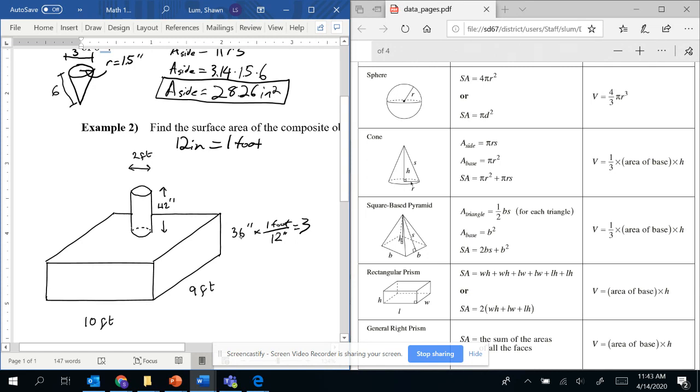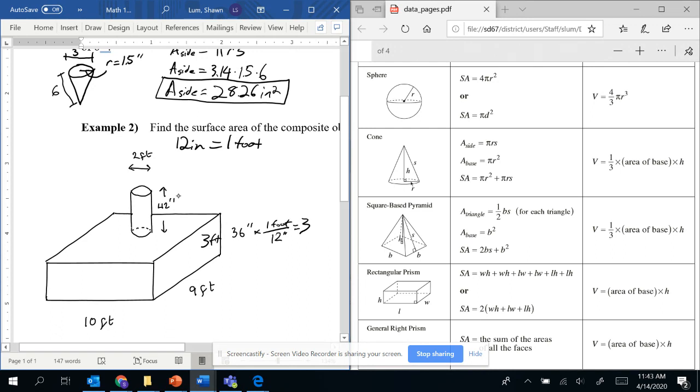Okay, so I'm just going to write here 3 feet. Now I'm going to do this one as well. This says 42 inches right here is the height of this cone. And so I'm going to go 42 divided by 12, and I get 3.5 feet.